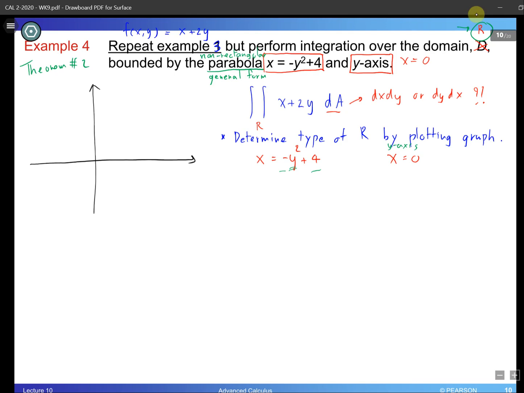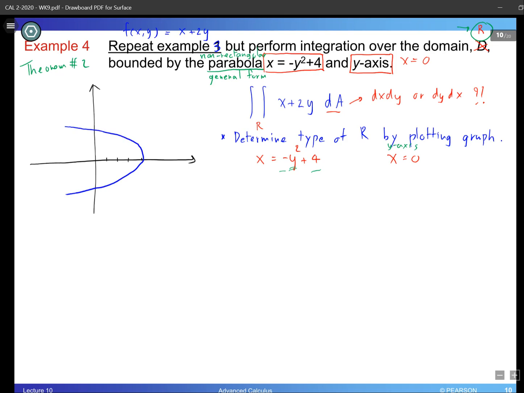So it's going to be 1, 2, 3, 4 units. Okay? And it's going to be a parabola on its side that points in the minus x direction. Let me use blue for that. That's better. So it's going to be a parabola on its side, something like that.